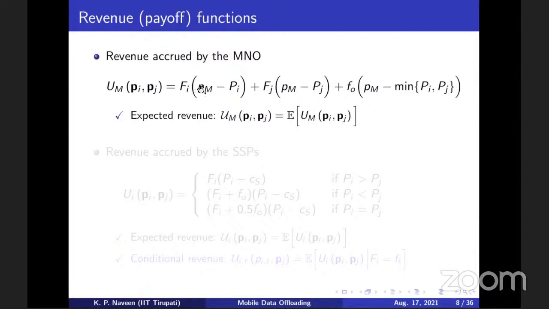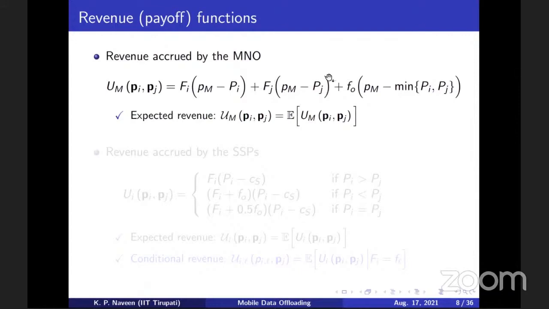Fi times PM is the revenue collected from the user by the MNO, but of that revenue, Fi times Pi is the amount to be paid to the SSP. So this is the net profit of offloading Fi onto SSP i.